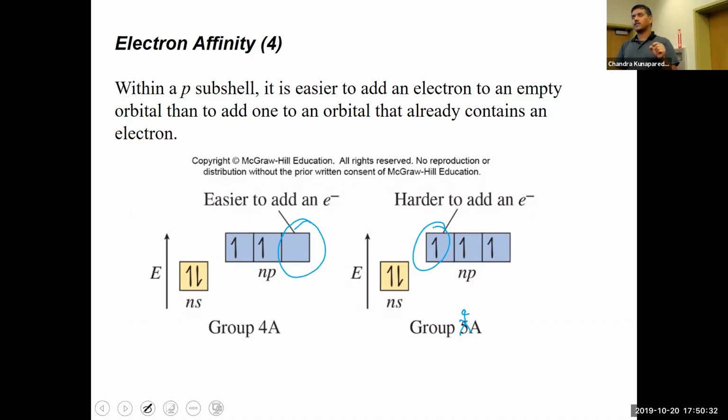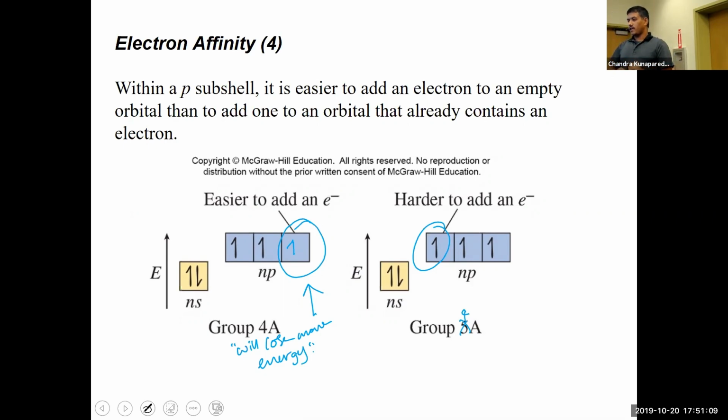But what makes students confused is, in the first case, it is easier to add an extra electron. What it means is, if it is easier to add an extra electron to a neutral element, once it receives that extra electron, it's going to lose lots of energy. And we predict the electron affinity in terms of how much energy is going to be lost from an element.